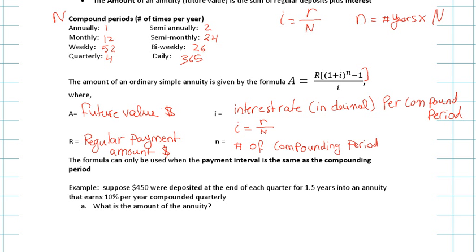So you have to multiply the number of years times your big N. Now, if it's already given to you in months, you don't do anything. If I already told you it's compounding monthly and you're putting it in for 36 months, you leave it. It's already in months.